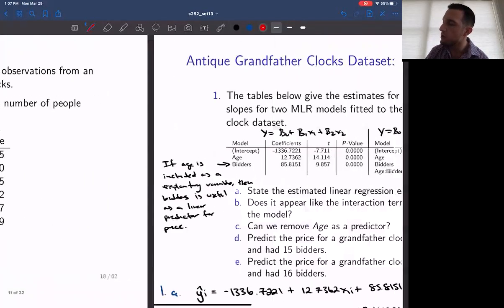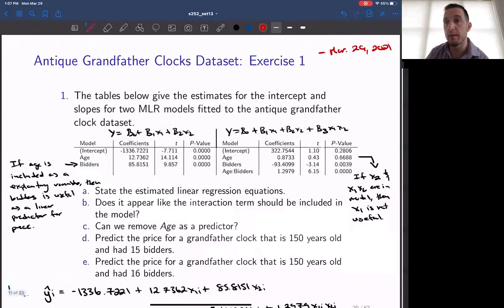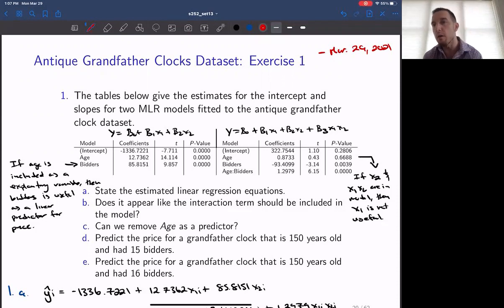All right, so we have two models for the same goal. We have the multiple linear regression model where y is equal to beta 0 plus beta 1 x1 plus beta 2 x2. And we have the multiple linear regression model where y is equal to beta 0 plus beta 1 x1 plus beta 2 x2 plus beta 3 x1 x2. So the two models, we're using them for the same purpose.